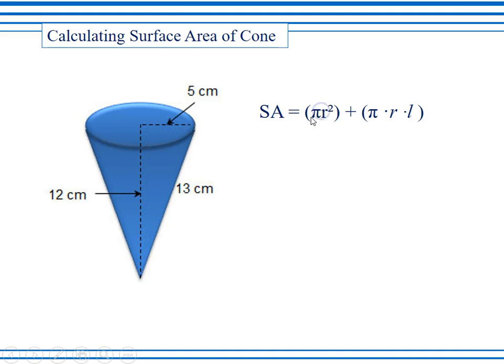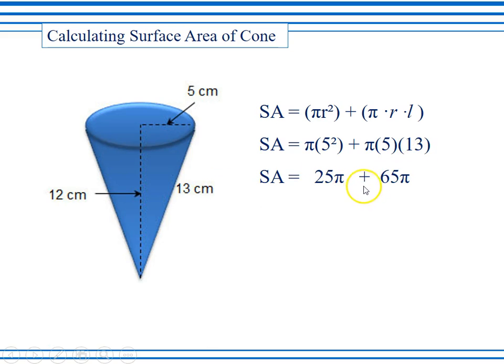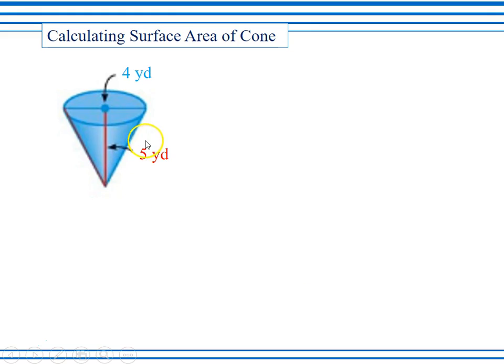So if I lay out my formula and I plug in 5 for the radius and 13 for my slant height, I will find 25 pi plus 65 pi, or 90 pi, and when I multiply that out, I get 282.6 square centimeters.